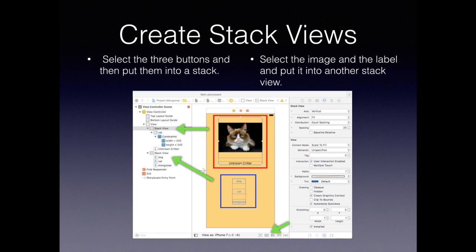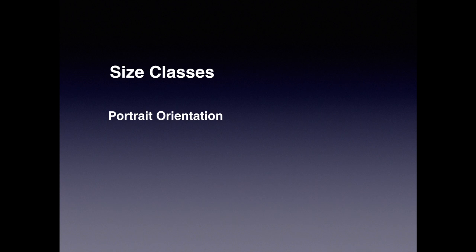And then to handle the case of the portrait and landscape, we'll need to use size classes. Size classes in the portrait orientation means we're selectively applying constraints that are only in effect while we're in portrait orientation. So we're going to set the size class we want, which means in portrait the width is compact and the height is regular.